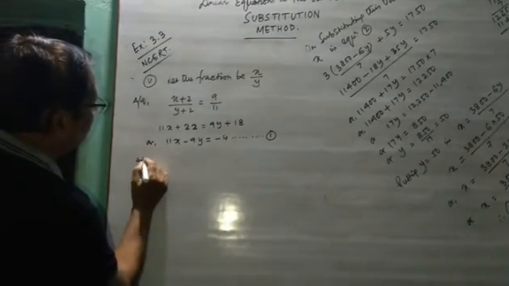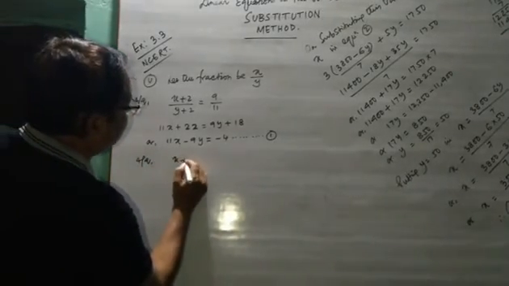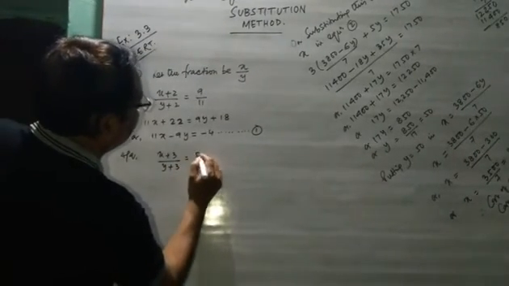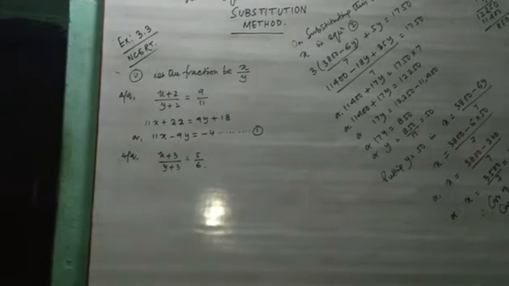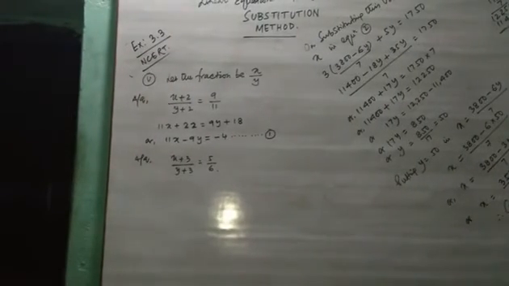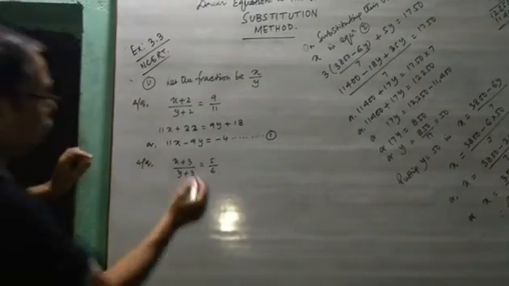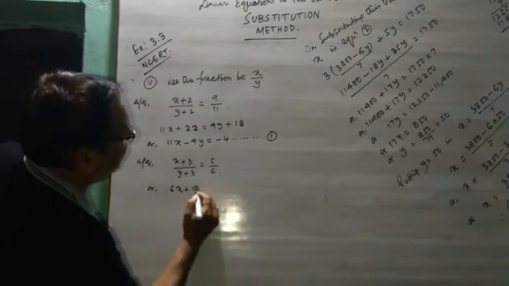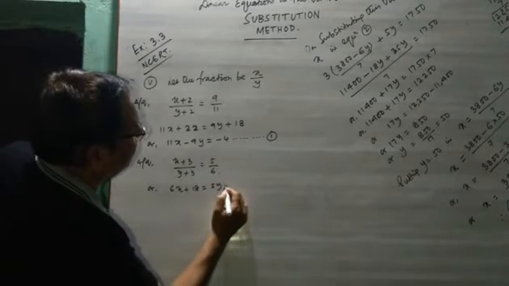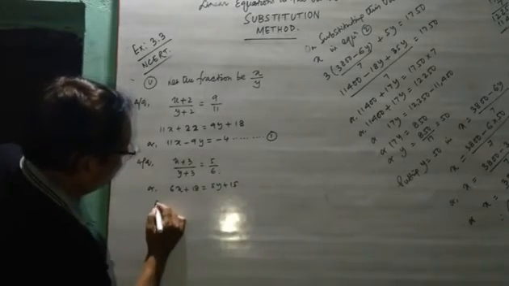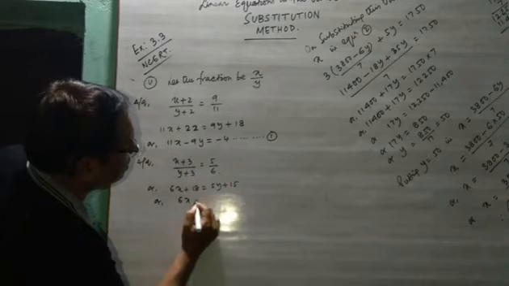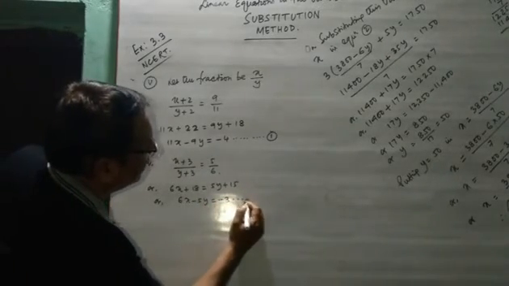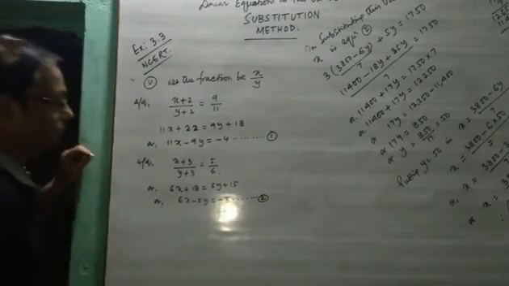So again according to the question, x plus 3 by y plus 3 becomes 5 by 6. Now again do the cross multiplication: 6x plus 18 is equal to 5y plus 15, or 6x minus 5y is equal to minus 3. This is your equation number 2.